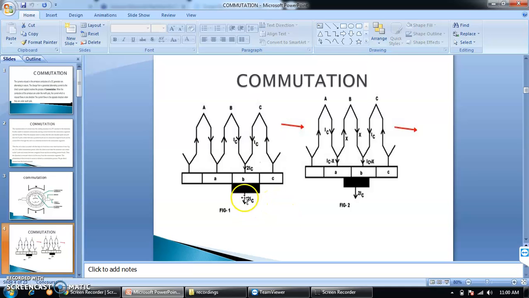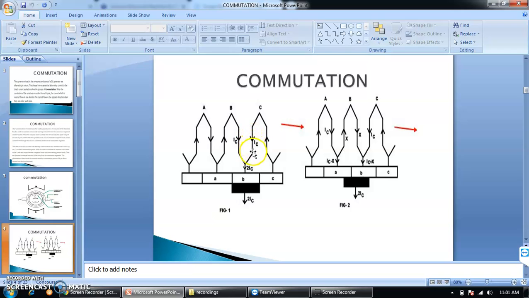Now all conductors have the same capacity of carrying current. Suppose all of them have a capacity of carrying current IC, or suppose 20 ampere, whatever you can consider. Now when the brush is covering only this B commutator segment, in that case this current IC is getting a short circuit path through here.